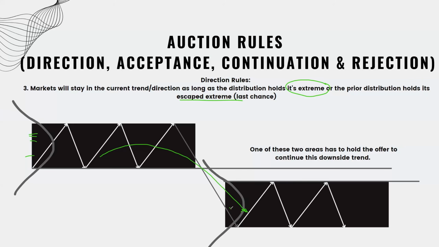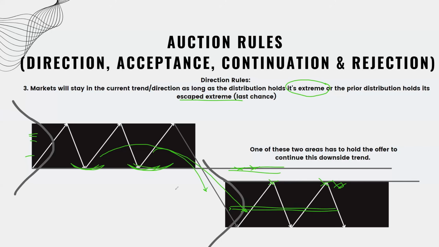Maybe prices reopen the next session down here. So I'm going to be inclined to look for that sell side premise as long as the top extreme of the current distribution holds, or the last chance is the prior bottom extreme in this case, where prices escape from, is the last chance for that sell to come through.